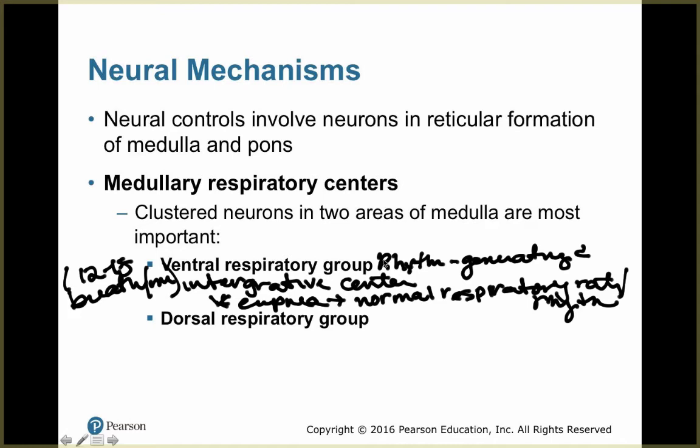They help with inspiratory nerve excitation by exciting the inspiratory muscles, by activating the diaphragm and the intercostal nerves.